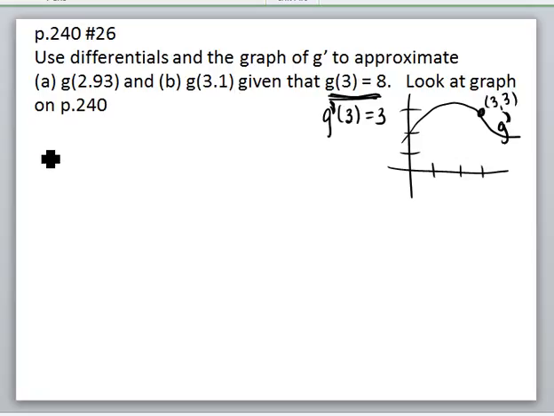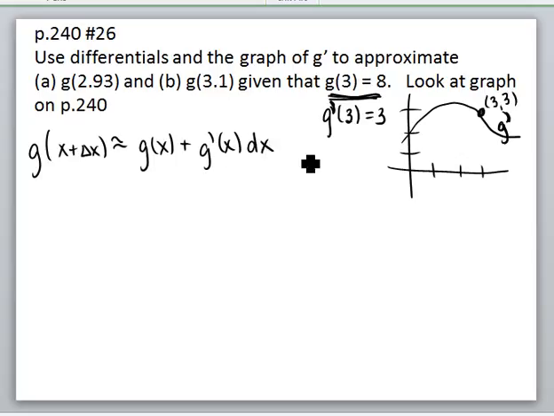So I'm going to go back, and this time I'll call it g. I have g of x plus change of x is approximately g of x plus g prime of x dx. Now I'm trying to figure out what g of 2.93 is.